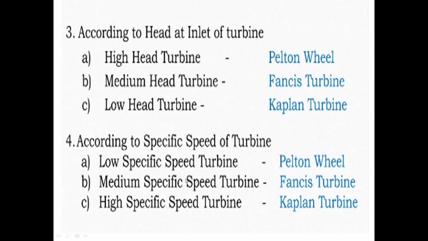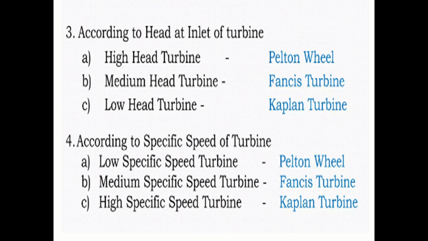Now, according to the head at the inlet of turbine, high head turbine is Pelton wheel, medium head turbine is Francis turbine, low head turbine is Kaplan turbine. Now, according to specific speed of turbine, low specific speed turbine is Pelton wheel, medium specific speed turbine is Francis turbine, and high specific speed turbine is Kaplan turbine.